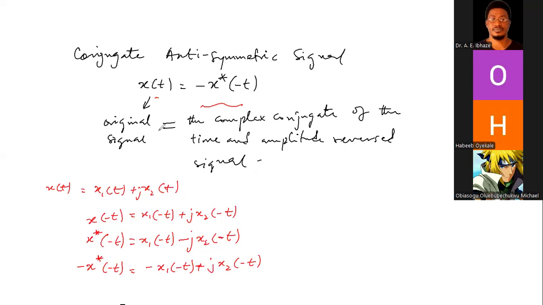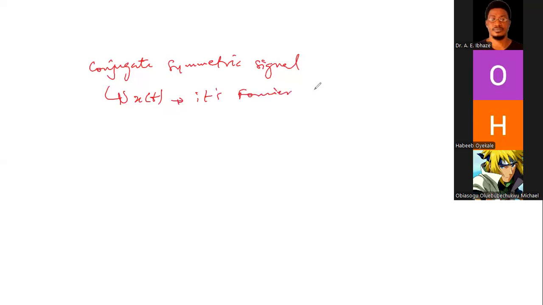But now I'm going to mention some interesting practical sides to this, because conventionally, though we've not gotten to transforms, it would be good to note that, despite the definition we already gave, for a signal S of t to be conjugate symmetric, it means that its Fourier transform must be real valued.